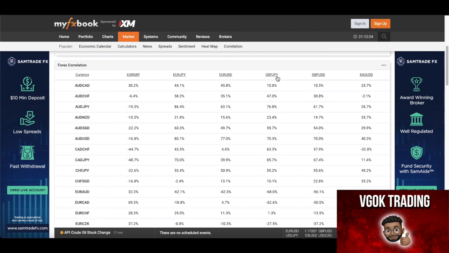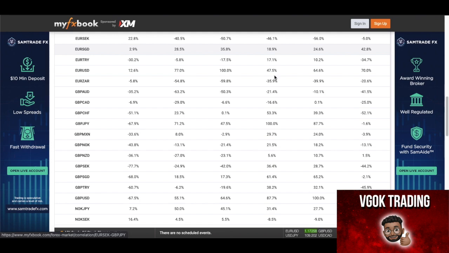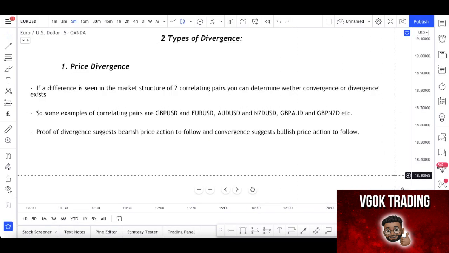Just as an example, if you look at GJ correlated with GU, there's an 87.7% correlation between those two pairs, which is a very strong pair. So if you're comparing the two charts between GU and GJ, you can see if they're moving in the same way, and if they're not, you'll be able to identify that convergence or divergence, if there is any, that exists in the charts.